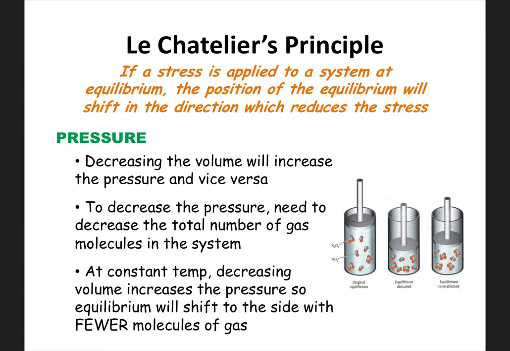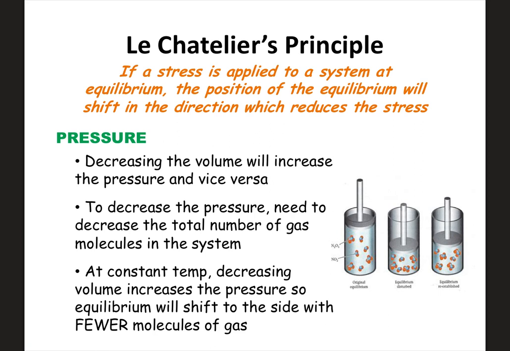Okay, so if you increase the pressure in a system, Le Chatelier's principle says you need to minimize that stress. You need to figure out a way to lessen the pressure. If you made the pressure go up, the equilibrium is going to respond by trying to decrease that pressure. The way the equilibrium can do this is by shifting to the side that has fewer molecules of gas.